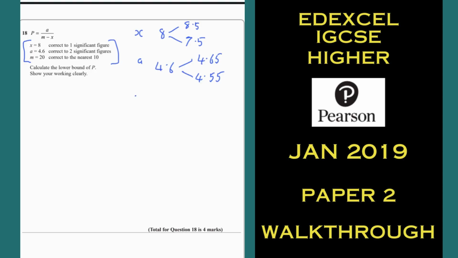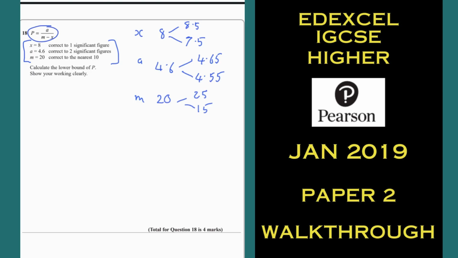M is 20, correct to the nearest 10, up by half, down by half. Whoops, it's 20. Come on, people, help me out here. 20, up by half, down by half. There we go. You never saw that mistake.